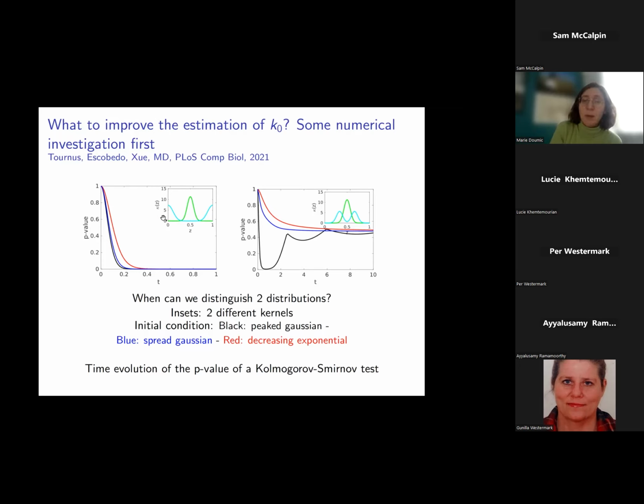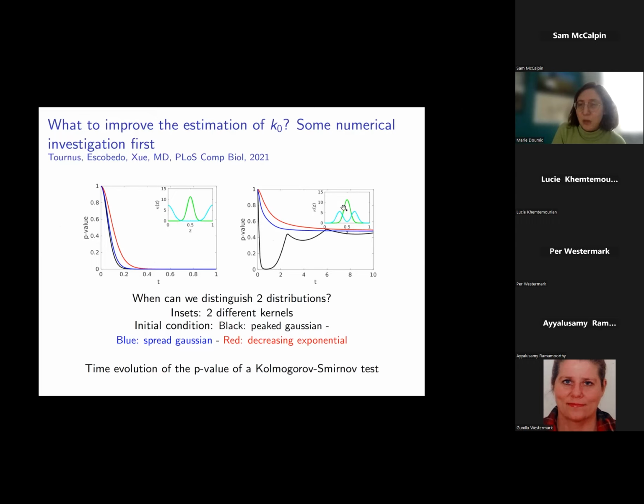You see, we departed from two different kernels and we estimated the difference in the size distributions. And you see the p-value small means that it's really good. And here, left and right, we tested different kernels.